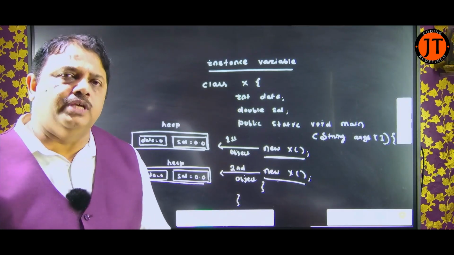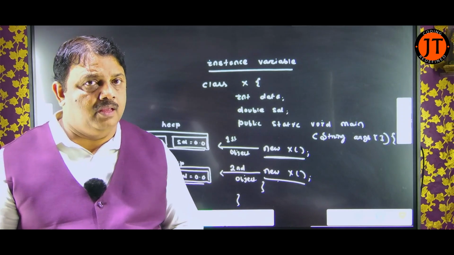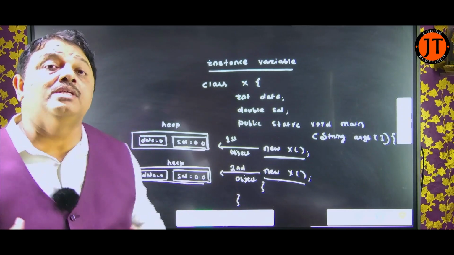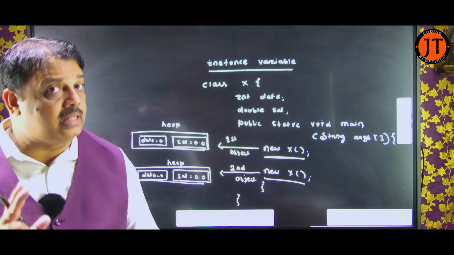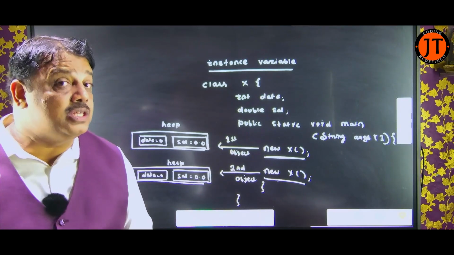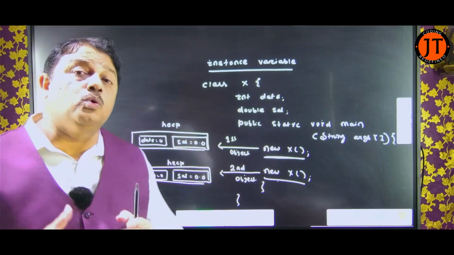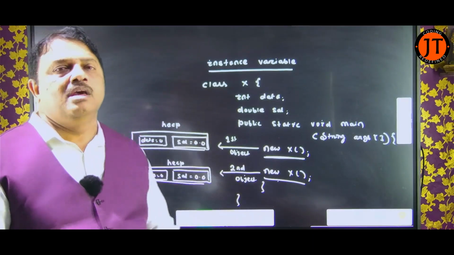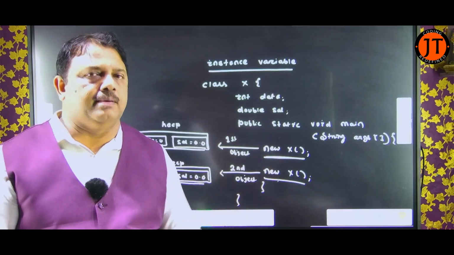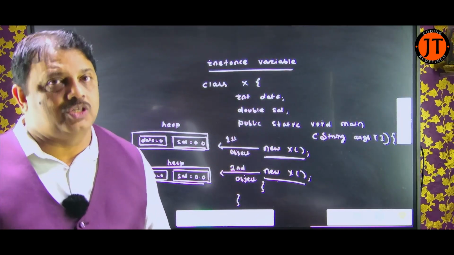For every object, instance variables are initialized by the JVM. Then they ask you the question, what is auto-initialization? You tell them: sir, if I declare an instance variable and I do not initialize it, then at the object creation time, it is auto-initialized by the JVM through the default value of the data types. This concept is called auto-initialization.